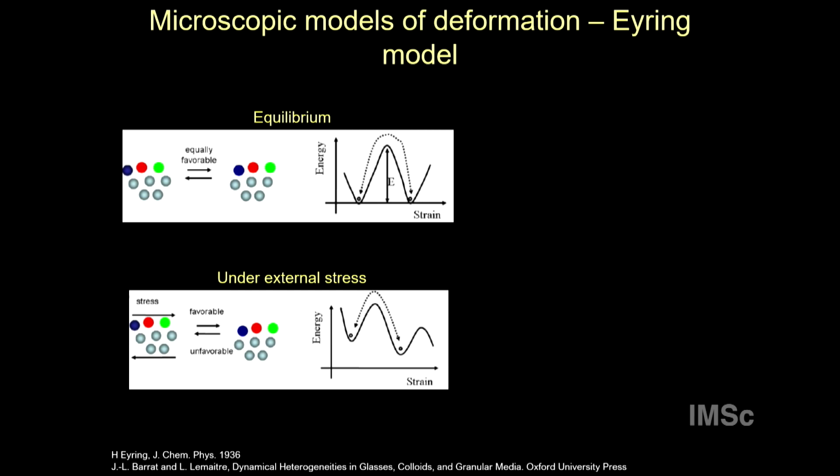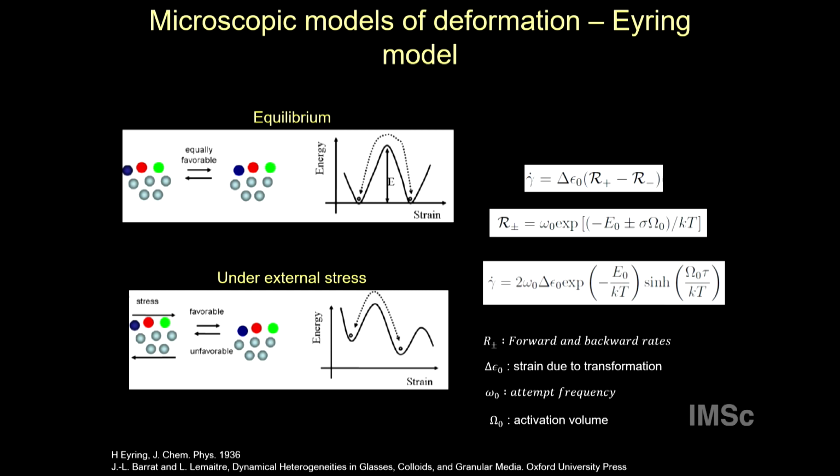But when you apply external stress, you are deforming this energy barrier in such a way that the change in one direction is favorable and in the other direction is not favorable. We can write equations for this and show that the shear rate can be written in this form.